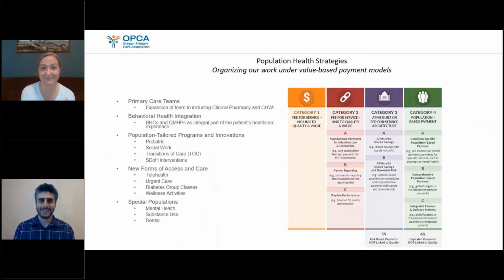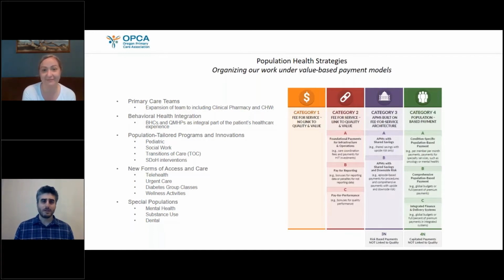Next slide. So speaking more specifically about population health approaches we're taking at Virginia Garcia, APCM has really allowed us to expand our primary care teams to include those roles I just mentioned, really integrate our behaviorists into the model of care so that it's not just kind of this add-on feature, but someone that's truly part of the team anytime a patient comes to see their provider.